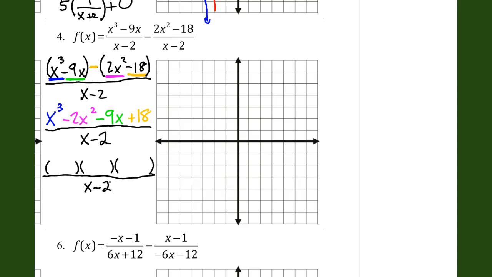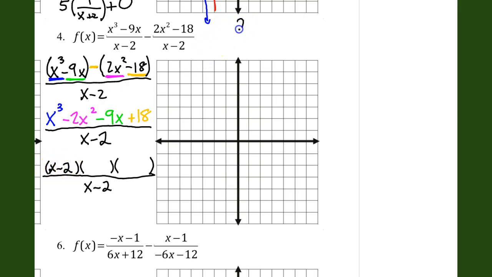Now, here's a hint though. There's an x minus 2 on the bottom, right? Chances are there's going to be x minus 2 on the top. So you don't really need to do the plus or minus 1, plus or minus 2, plus or minus 3, plus or minus 6, all the factors of 18. Let's just assume one of the factors is going to be positive 2, right?